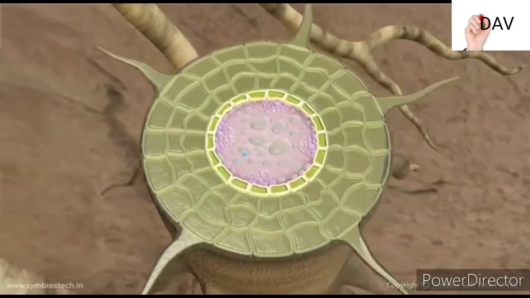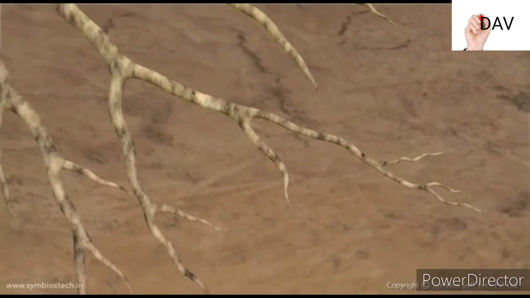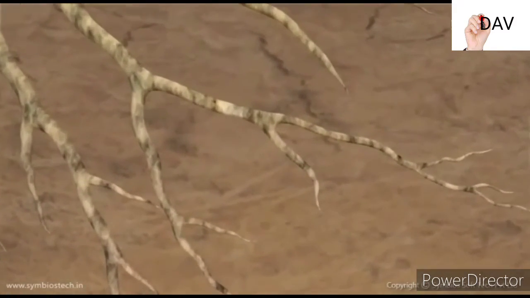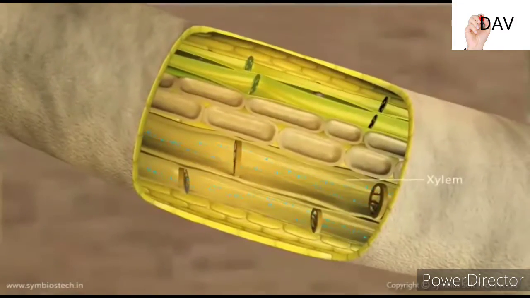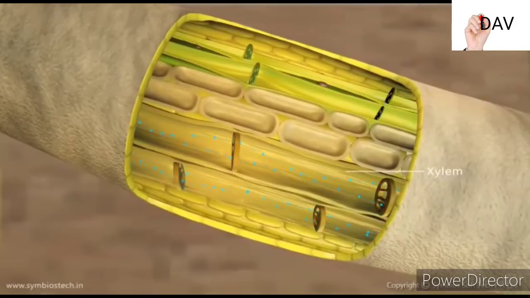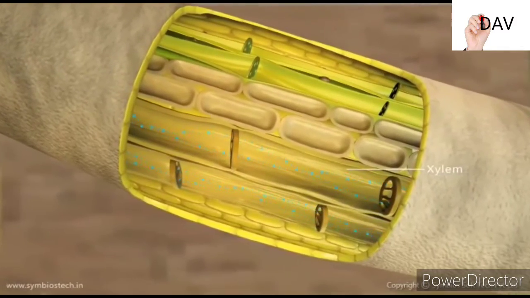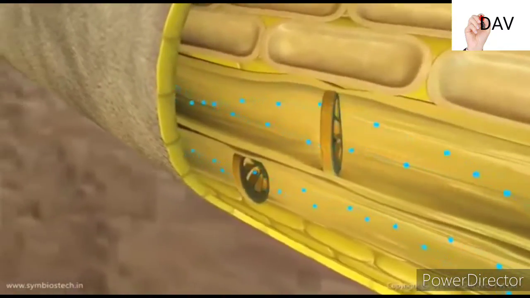Finally, these minerals cross the cytoplasm and reach the xylem cells. These xylem cells are narrowly formed and they are formed throughout the body part. They are long, rigid, non-living cells. They will transport the water molecules throughout the plant.